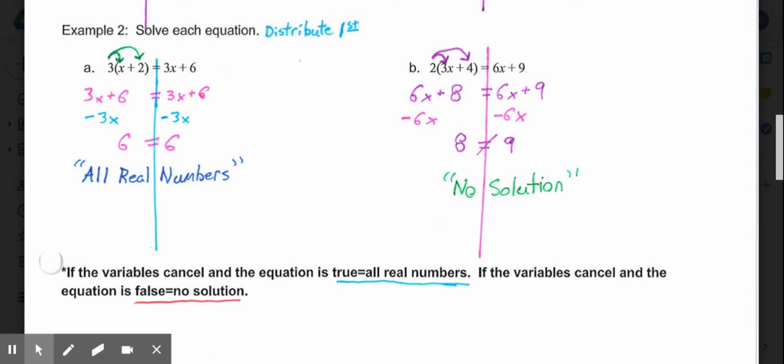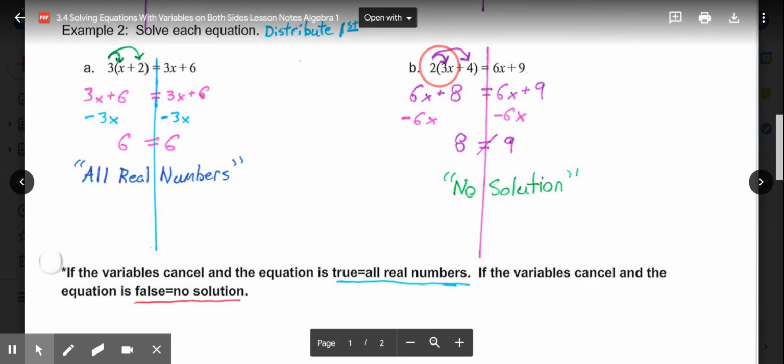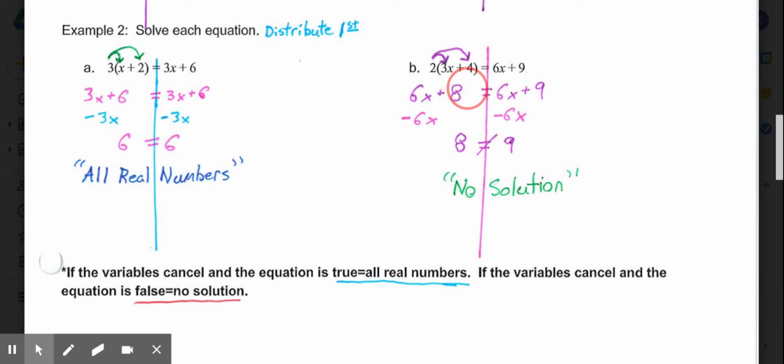And then if we look at part B, we want to distribute first. So 2 times the 3x, and then 2 times the positive 4. So we end up with 6x plus 8 equals 6x plus 9. We could subtract 6x from each side, and we're left with the 6x canceling in both places.